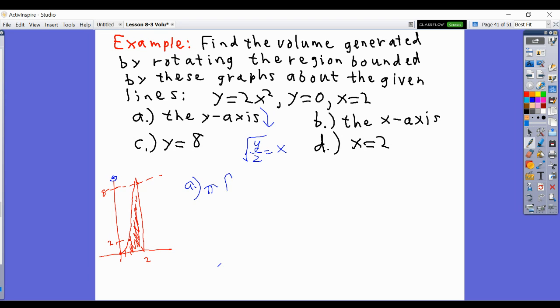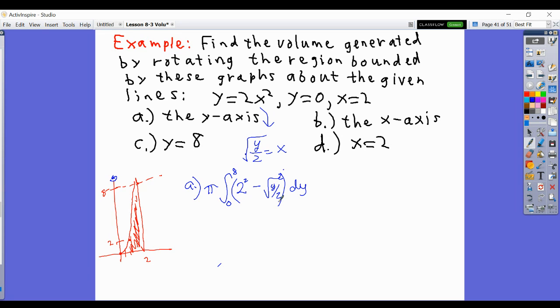So I would have pi times r squared minus r squared, going from 0 to 8, and my outer radius would be 2, and my inner radius would be this function, square root of y over 2, dy. And that's my radius, so squared. Do I have that right? I think this would be squared minus that squared.